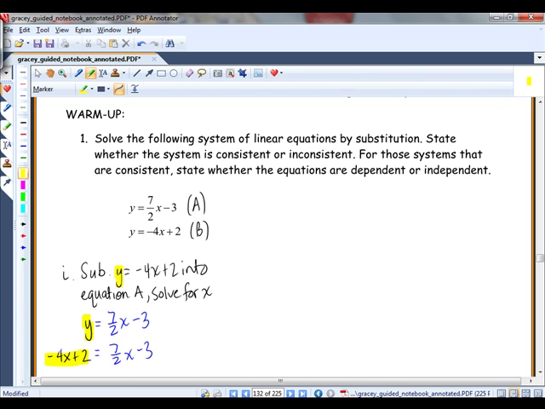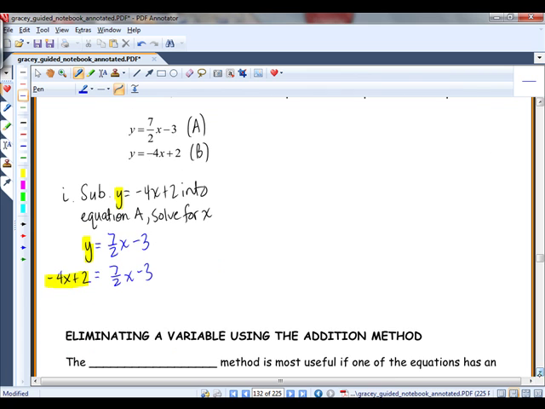And then I'm going to subtract 2 from both sides. And then we'll get negative 4x is equal to 7/2 x minus 5.